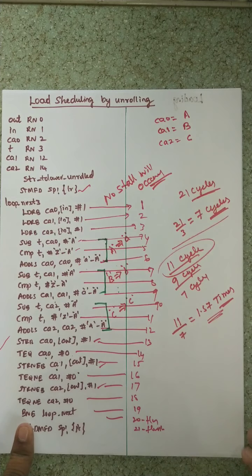The unroll operation is taking place in this loop. This technique optimizes the assembly code, as you have studied. I hope you understood this topic. The topic of instruction scheduling is now completed. We'll discuss the next topic. Thank you.